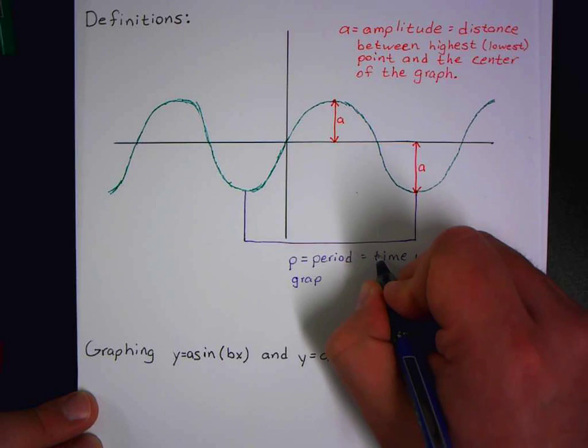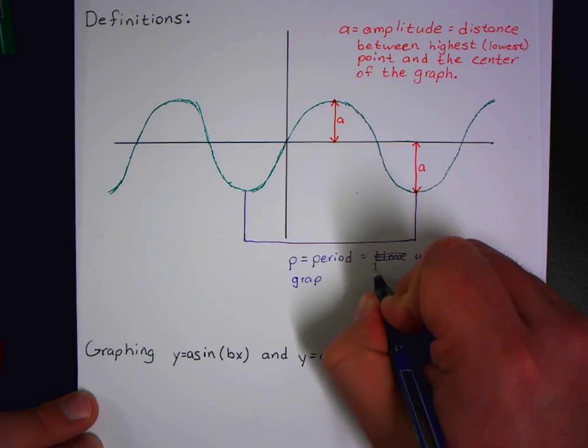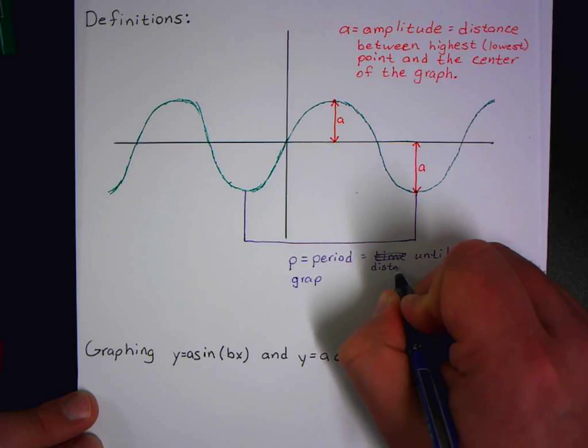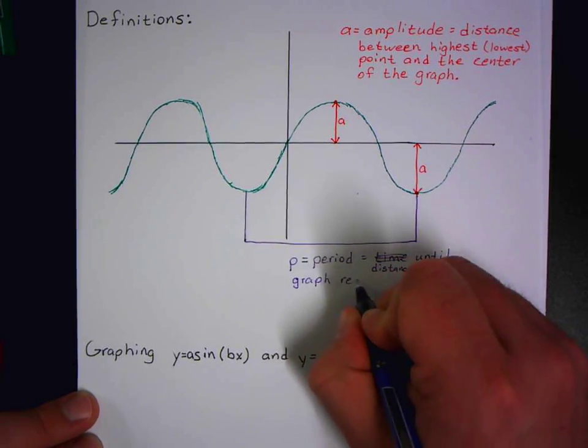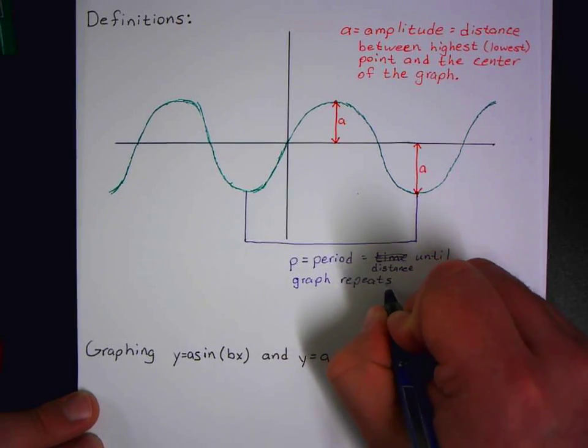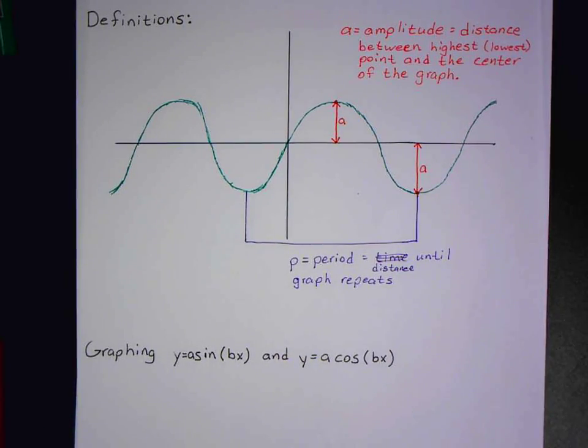It shouldn't be time. It should be distance. And changing that one word doesn't matter a whole lot as long as you know what you're talking about. Time deals with frequency, which I'll show you what frequency is. Now, the normal period of sine and cosine is 2 pi.